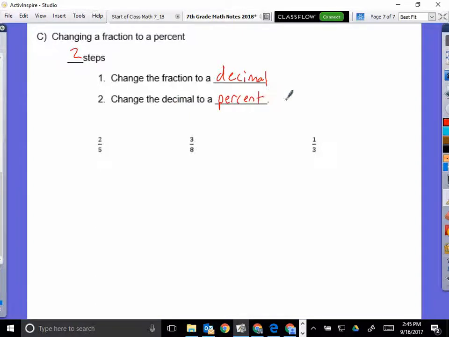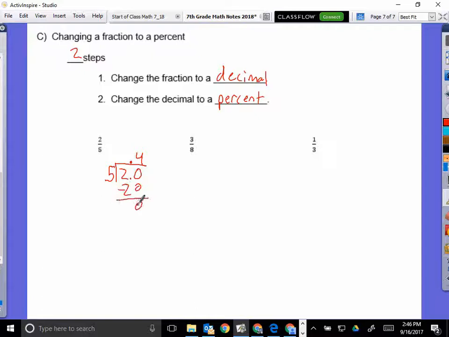All right, so let's check out a couple problems here. Here we got a fraction 2/5. If we want to make that into a decimal, we got to take the number on top, divide it by the number on the bottom. 2 goes on the inside, 5 on the outside. Here's our situation. 5 doesn't go into 2, so that's where we put a decimal point, add a 0, stick your decimal right up here on top. 5 will go into 20. 5 goes into 20 4 times. 5 times 4 is 20.